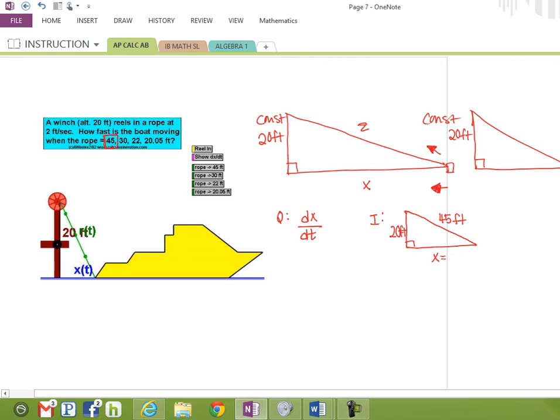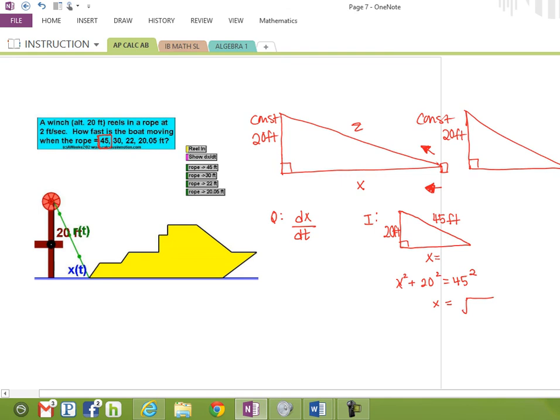So we end up with X squared plus 20 squared is equal to 45 squared. I'm just going to shortcut this and use my calculator off to the side. The square root of 1625. This is a great place to talk about rounding.